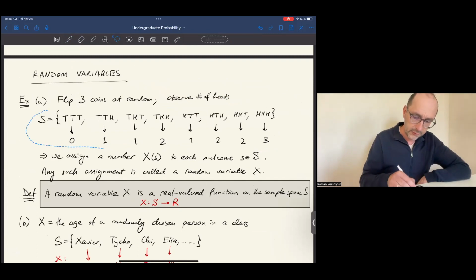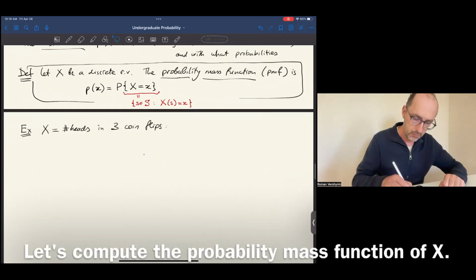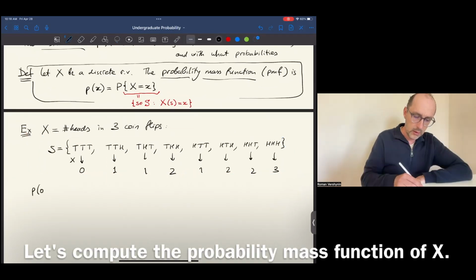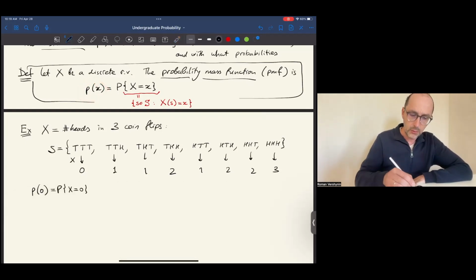We considered this example here, and I will move it to this page. What's P of 0? The probability that the number of heads is 0. There is only one outcome in 8 where the number of heads is 0. So this probability is 1 over 8. What's P of 1?